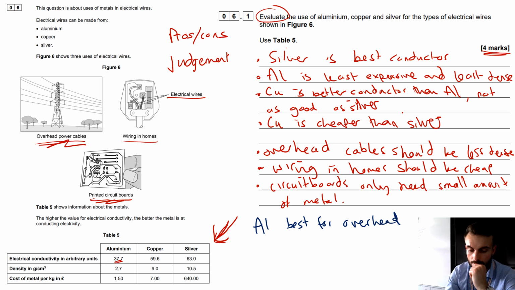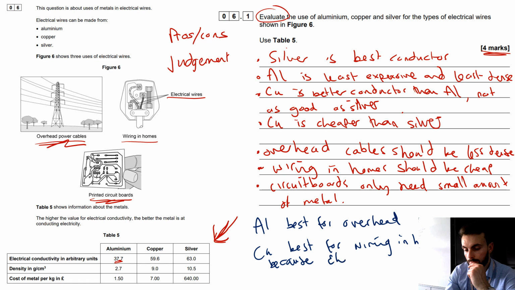We can say copper is best for domestic wiring, or wiring in homes, because it's cheap and it's a good conductor.